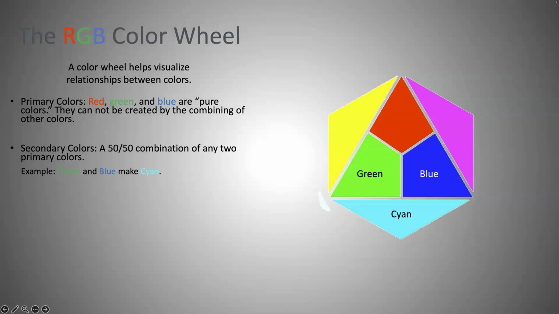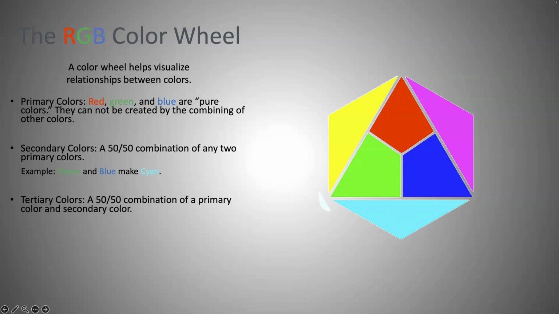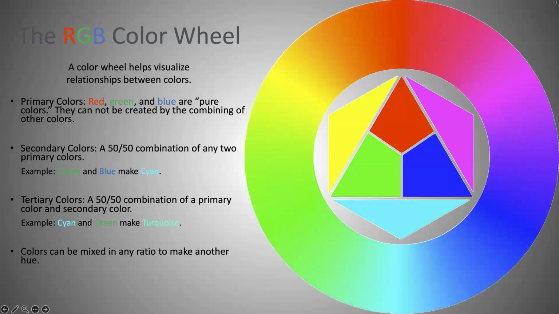With green and blue, put those together, right? Tertiary colors are made by mixing 50-50 ratios of primary and secondary colors, such as cyan and green that make turquoise. Other hues are made by mixing various ratios, so that you get a full color circle, right? This is kind of basic stuff, but harkens back to grade school, right?